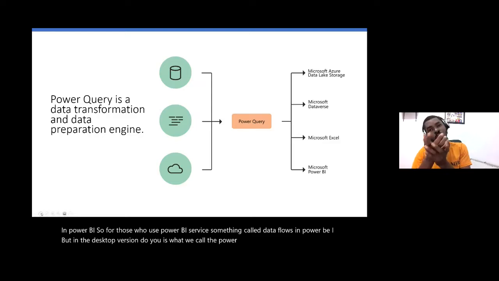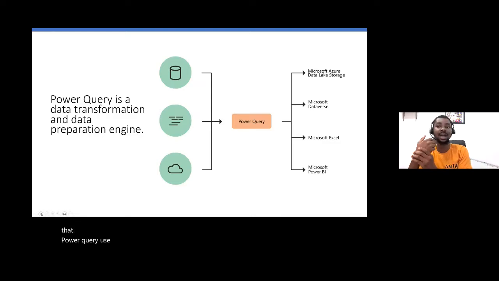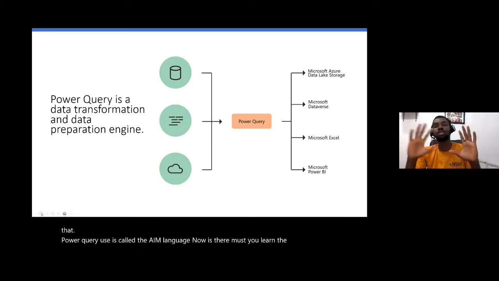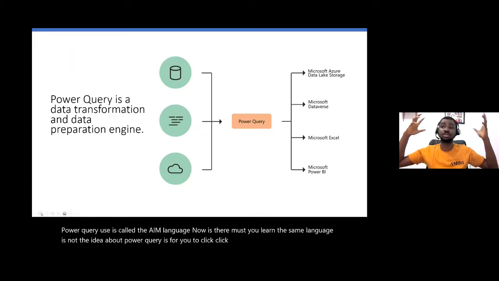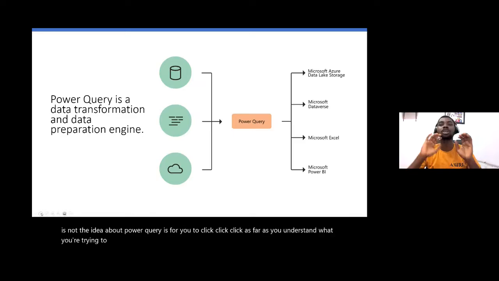Now, there's a language that Power Query uses called the M language. Is it a must that you learn the M language? It's not. The idea about Power Query is for you to click. As far as you understand what you're trying to do, you just click around and you will be fine. So now let's go.